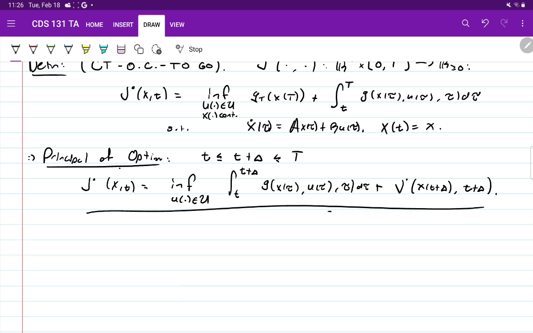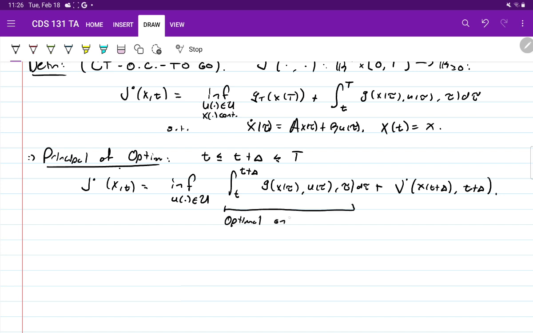So this is in fact true. You can kind of show this. The reason is that your optimal cost to go starting from x and t should be optimal on t to t plus delta, and then it's going to be optimal on t plus delta until the end.